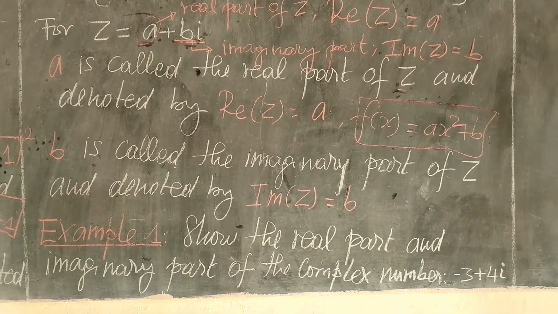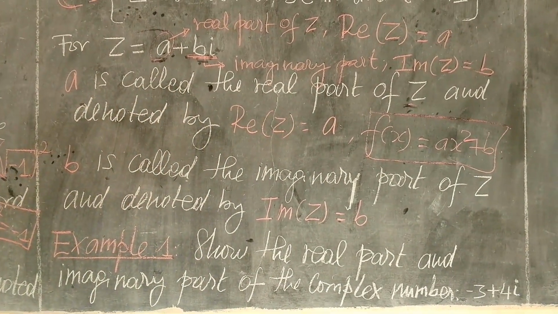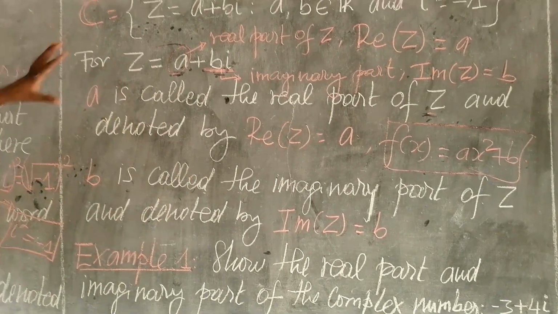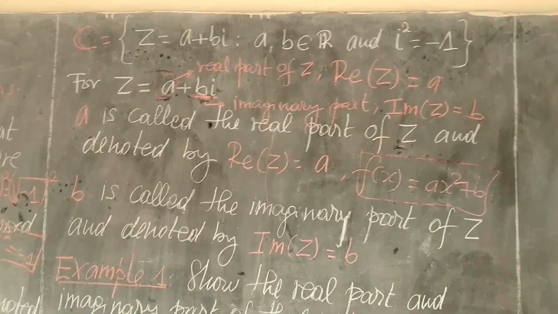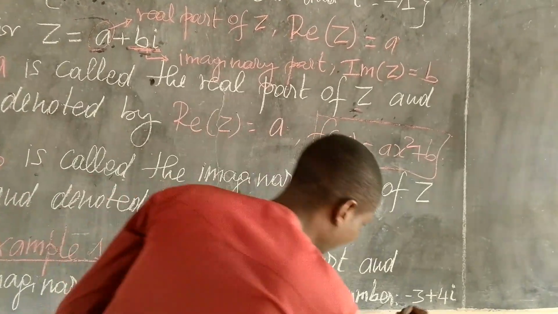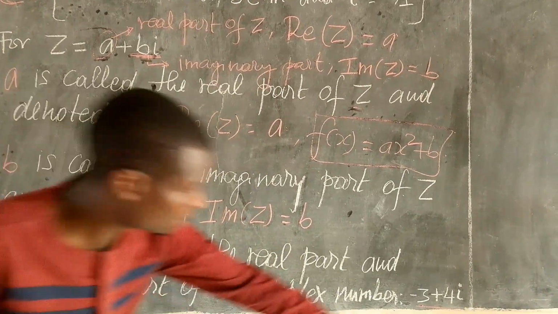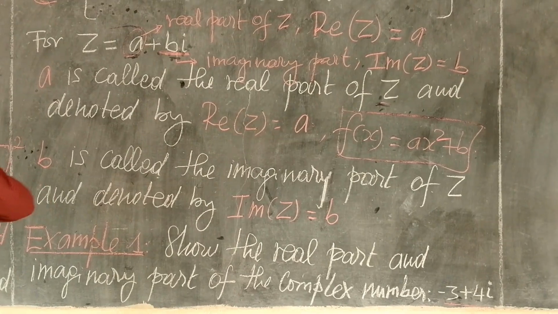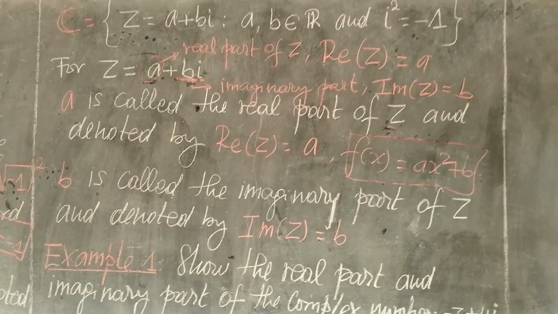Here we have an example: show the real part and the imaginary part of the complex number. According to this example and the explanation given above, who can tell us the real part and the imaginary part in this given question? Someone can try, it is very easy.